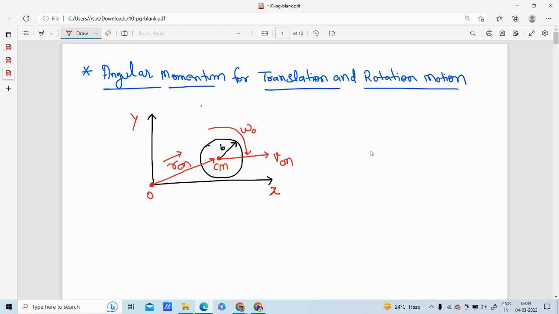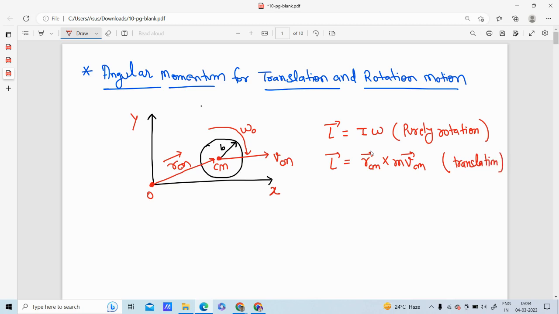Okay, so how can we write the net angular momentum for this kind of motion? Very simple. We know L vector is nothing but I omega for purely rotation, and L vector is nothing but R vector cross M V vector for translation.